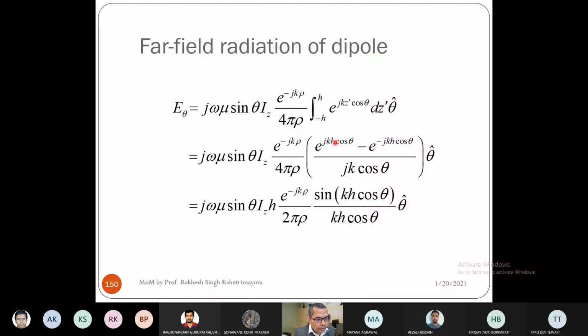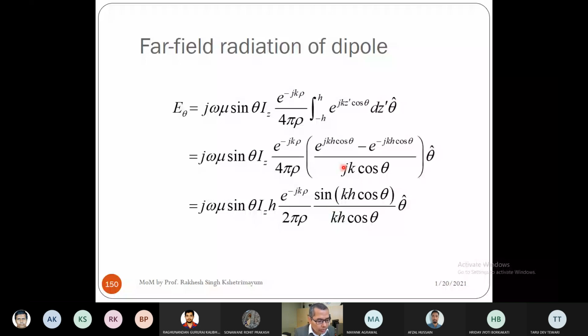So what does this look like? You multiply and divide by 2j here, then it will become sine of kh cos theta divided by kh cos theta. You can simplify this.